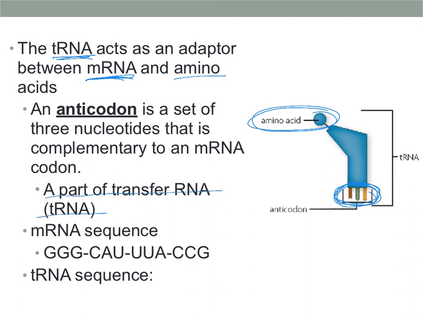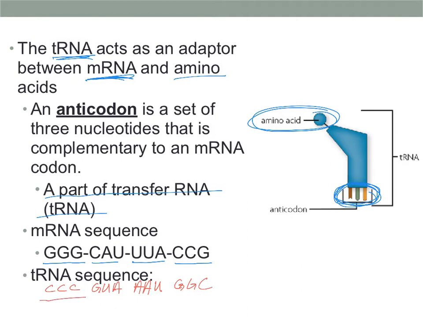Messenger RNA sequence of GGG, CAU, UUA, CCG would give us a tRNA sequence of what? Remember, this would be the RNA complement. So that would be CCC, GUA, AAU, and GGC.